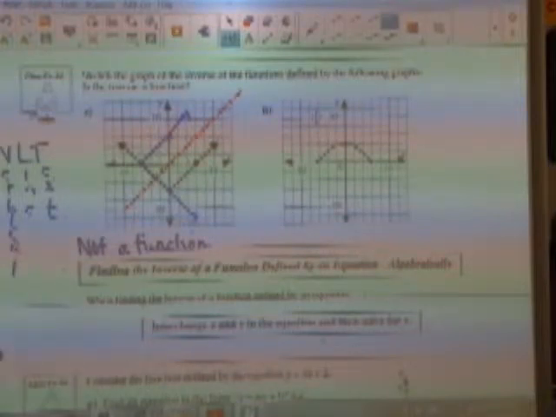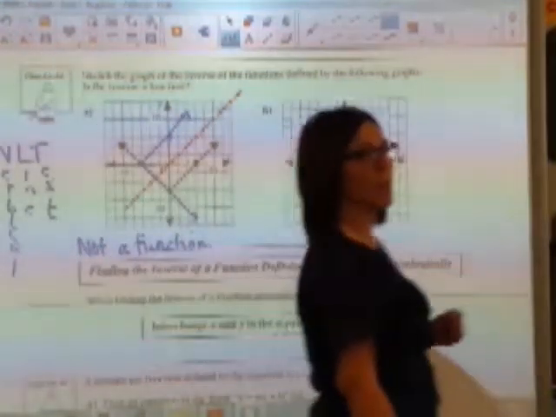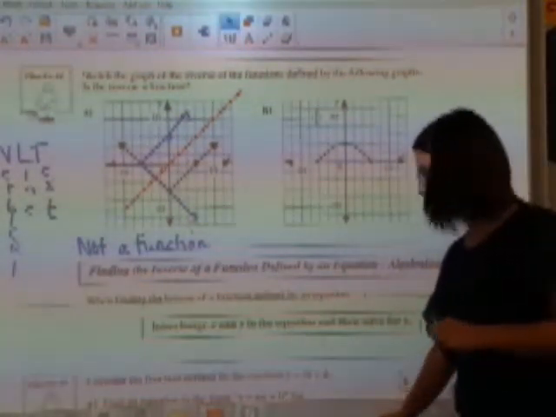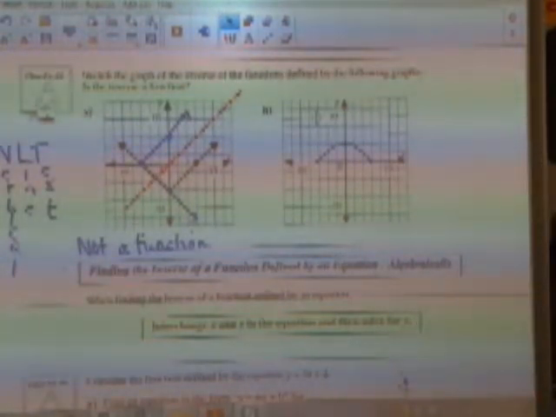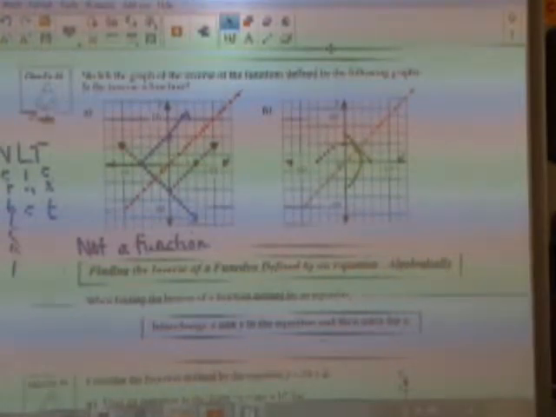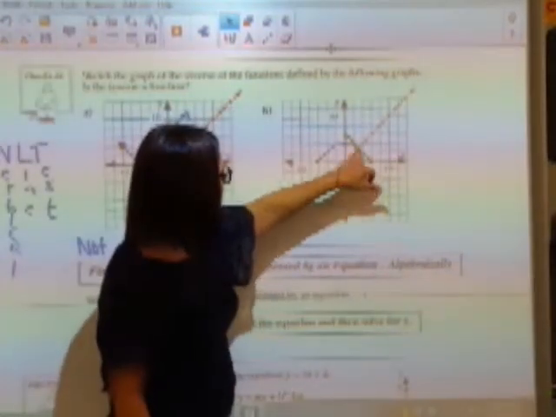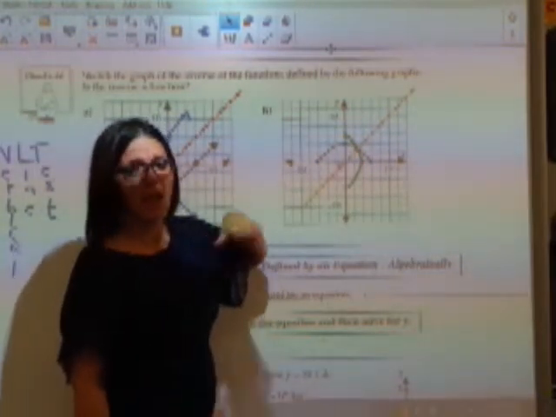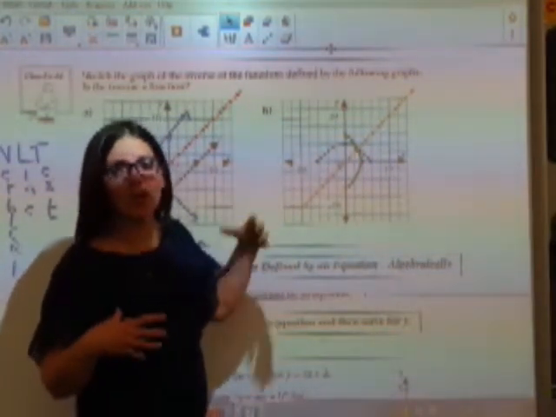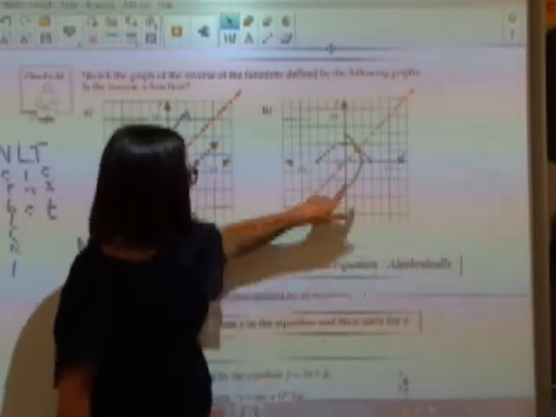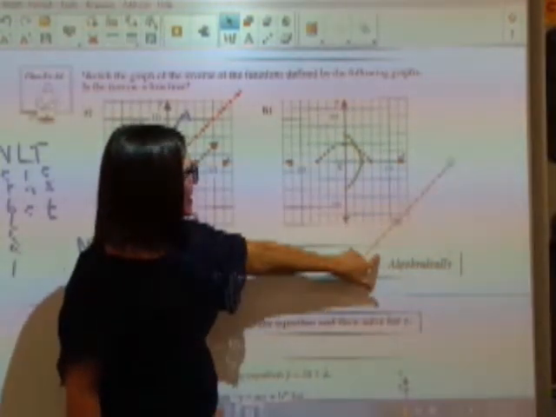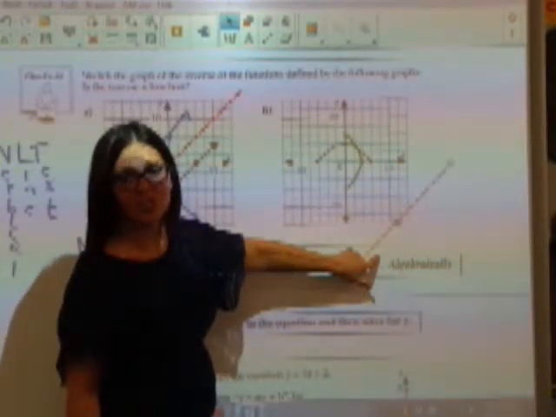Okay, so I'm going to give you a moment to do B. So if I look at B, I start off with my mirrored line, and then I take the inverse of these 3 points. And then even though the points are there, and I could have drawn them without the mirrored line, by putting that mirrored line there, you really see the reflection.